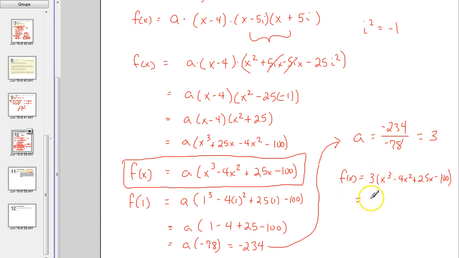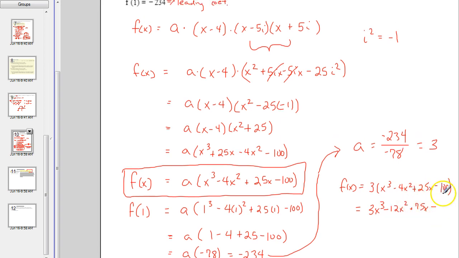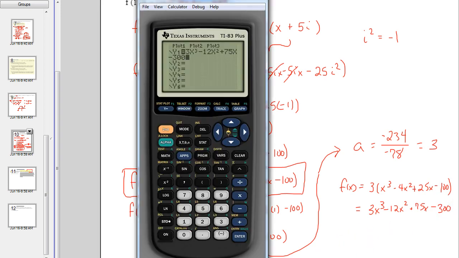So 3 times x cubed is 3x cubed minus 12x squared. 3 times 25 is 75x minus 3 times 100 is 300.